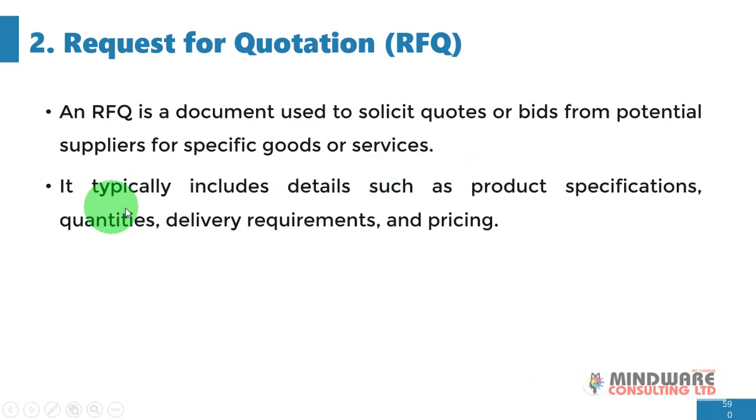Now, the RFQ typically includes details such as products, specifications, quantities, delivery requirements, and pricing. So you're going to spell out all those details within the request for quotation. This one is going to actually be handled by the supplier or the vendor, not the project manager or the project team.